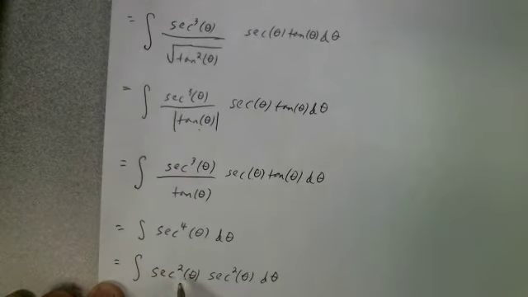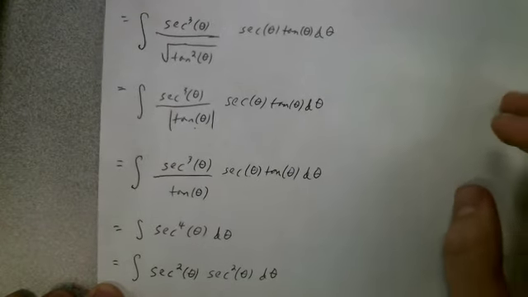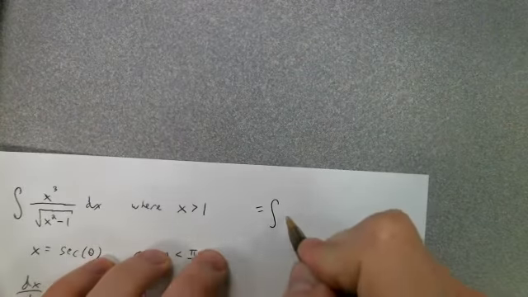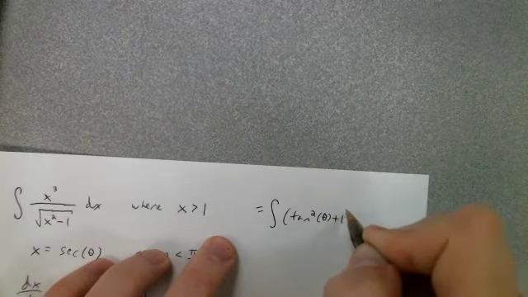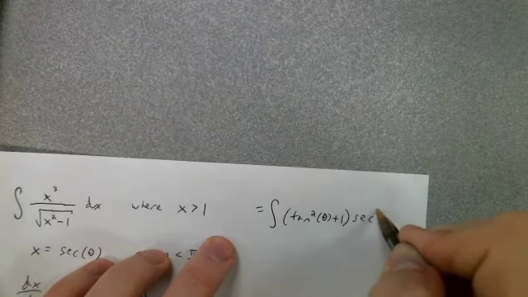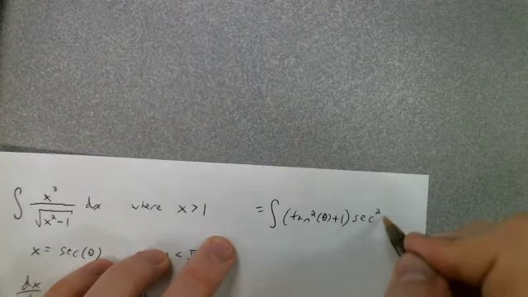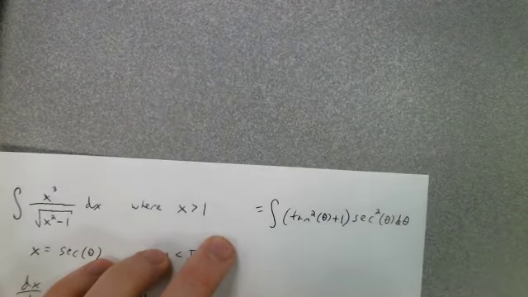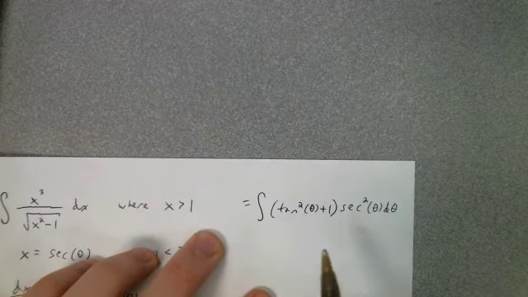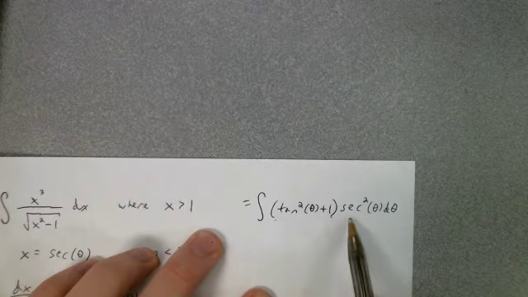And then I can replace one secant squared with tangent squared plus 1. So I have tangent squared theta plus 1, times secant squared theta d theta. Yay, now I have stuff with tangent in it times secant squared.